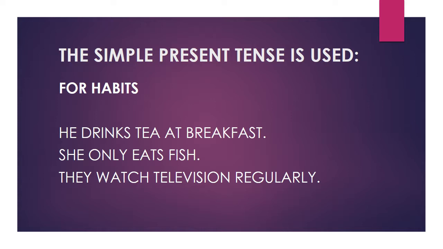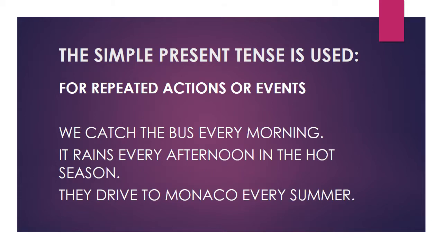And with they watch television regularly, the word regularly gives you a clue and shows that it's a habit. It happens regularly. So you say they watch television and not they are watching television. That is not correct.